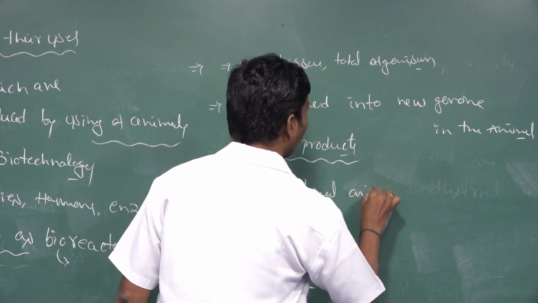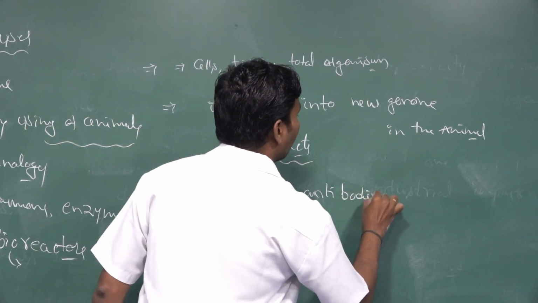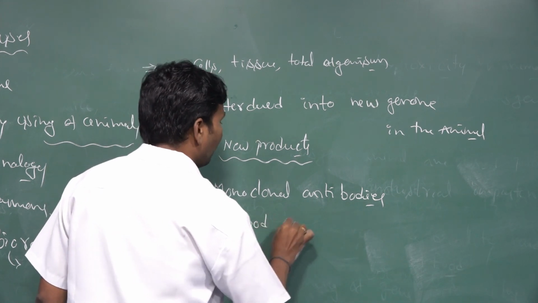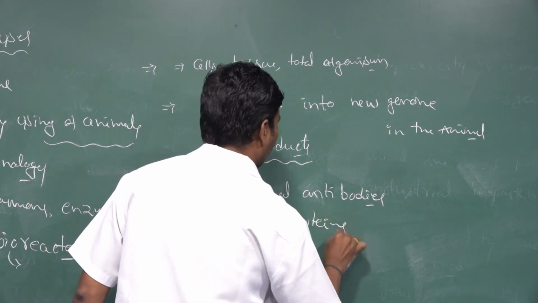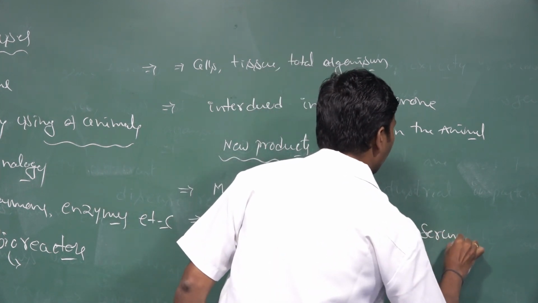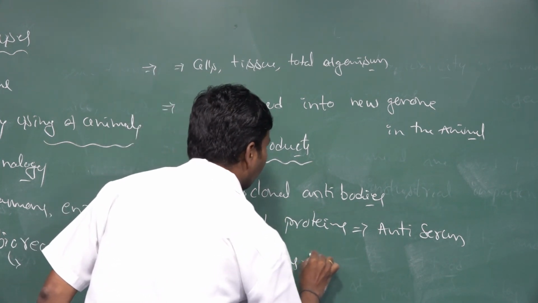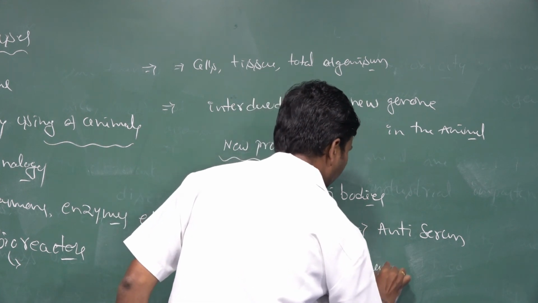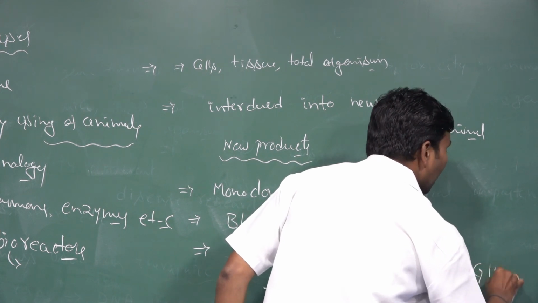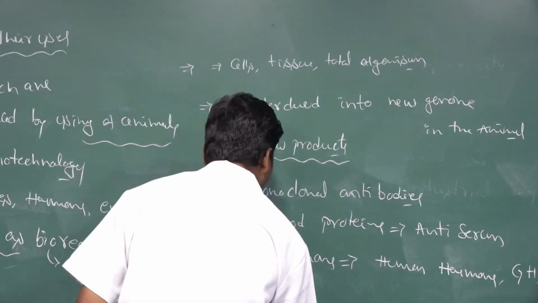Monoclonal antibodies are blood proteins. Like that, antisera or hormones, such as human hormones like growth hormone, GH, human growth hormone, and enzymes.